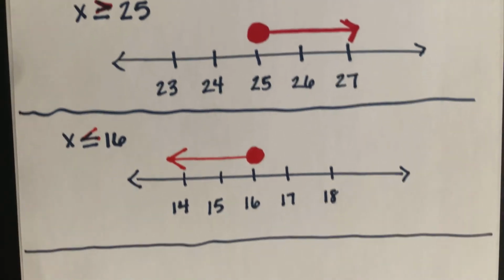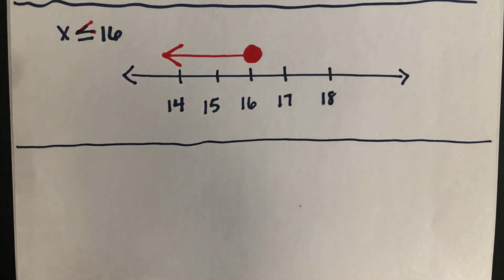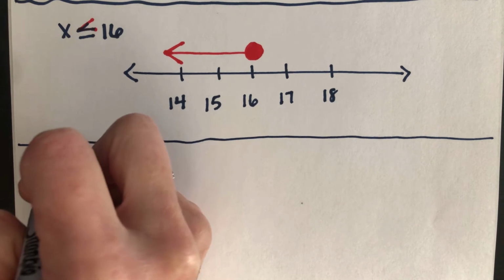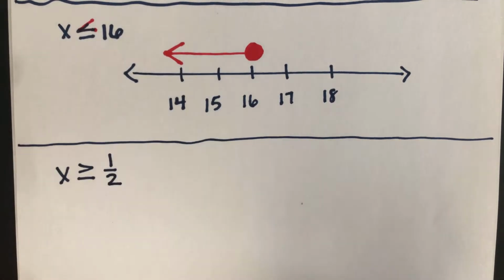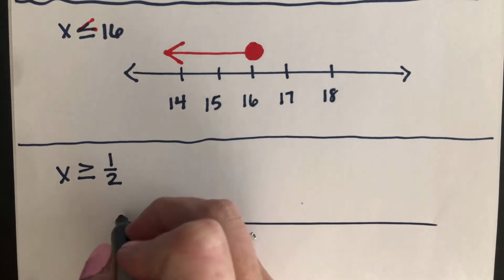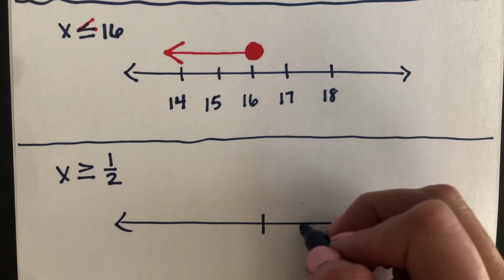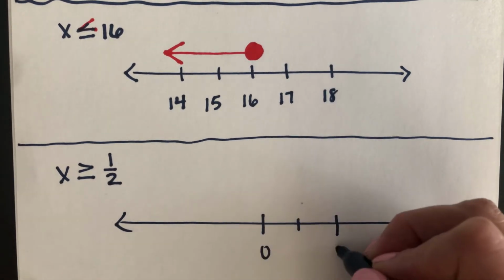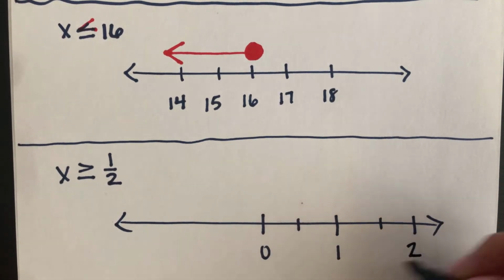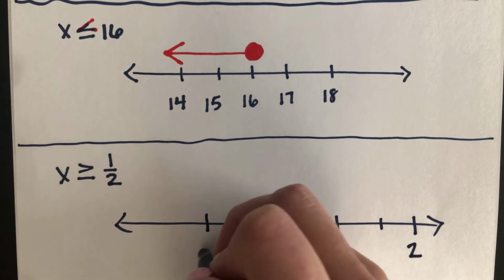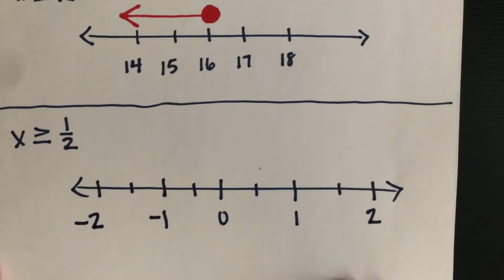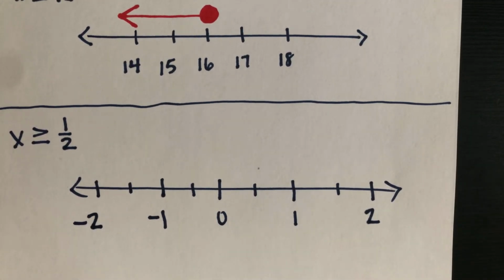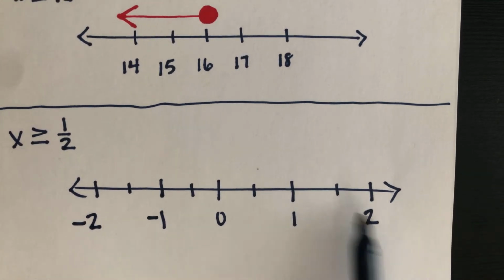What if I were to try to graph a fraction? Well, if I have x is greater than or equal to 1/2, here you will notice I have 0 and then a line and 1 and then a line and then 2.